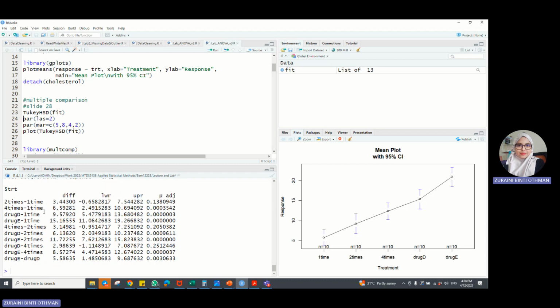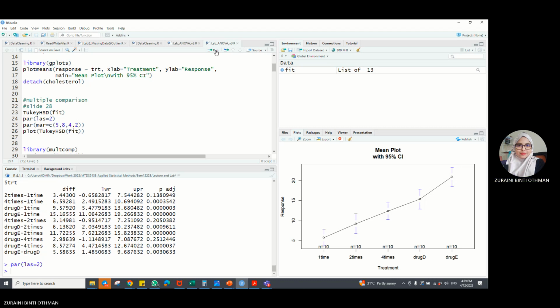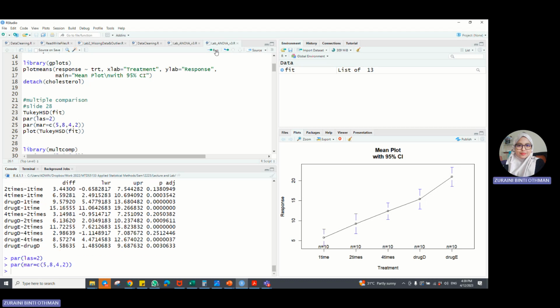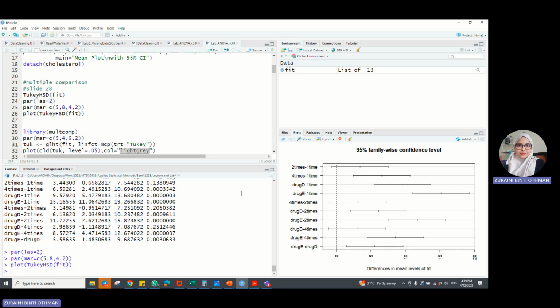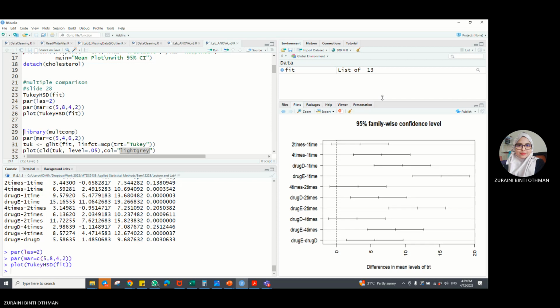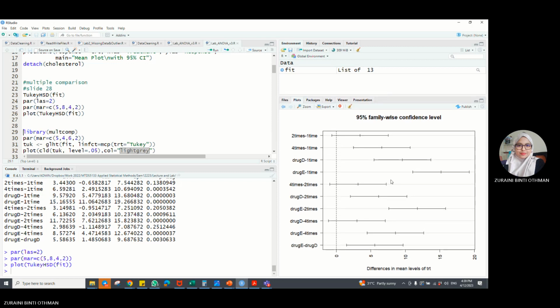Okay, this is the treatment. And let's run. Here is the par las equal to 2. Then plot TukeyHSD. Okay, this is the plotting.